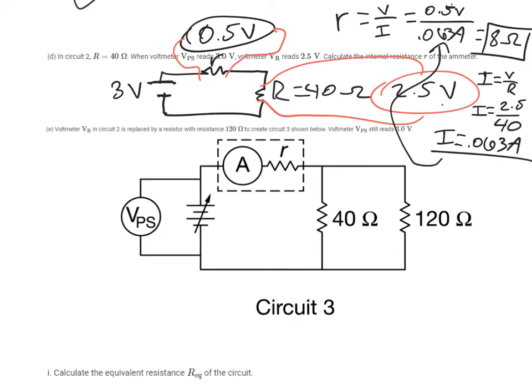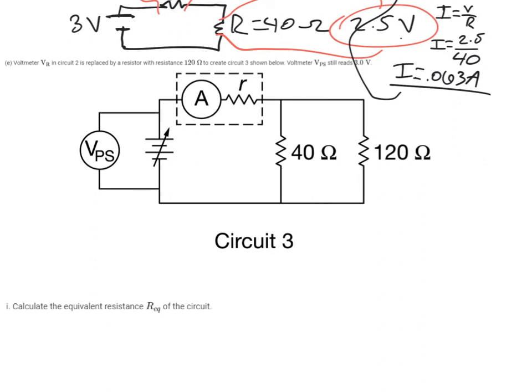So now it says that you're replacing this other voltmeter with another resistor, and you're going to have to find the equivalent resistance. Well, remember, these are in parallel with each other. So you can redraw the circuit if you want.